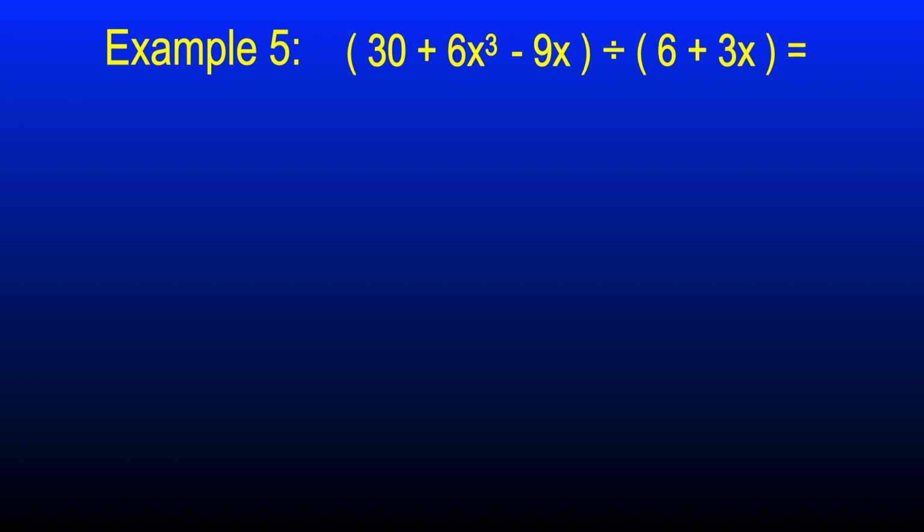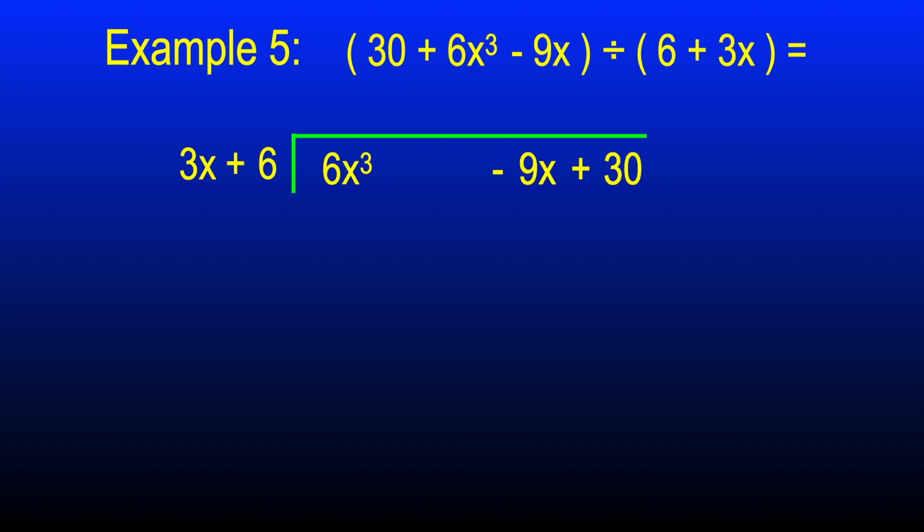Pag nire-write natin sila, dapat in descending order. So, 6x cubed minus 9x plus 30 divided by 3x plus 6.